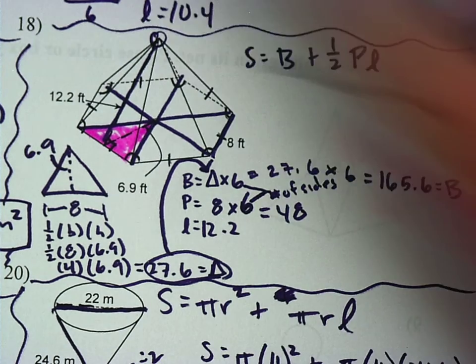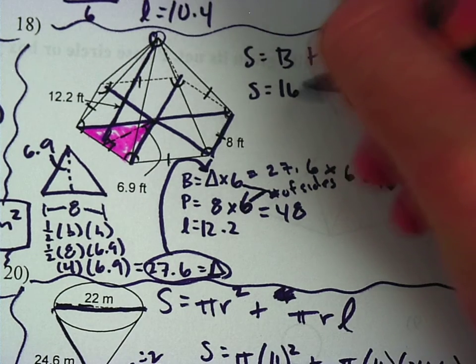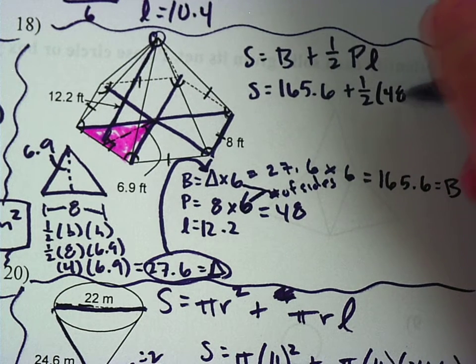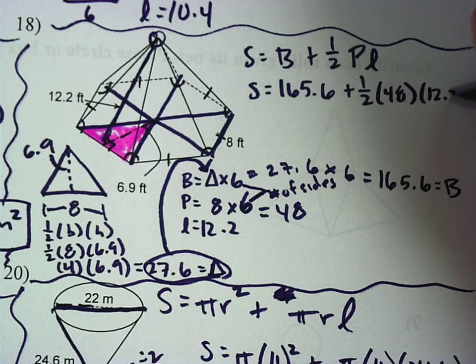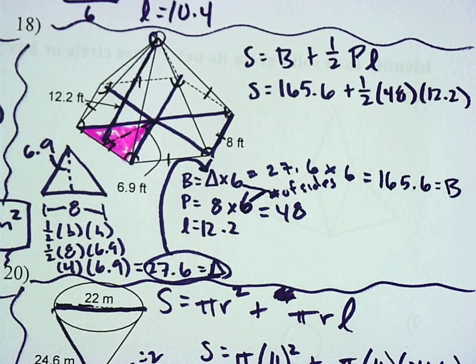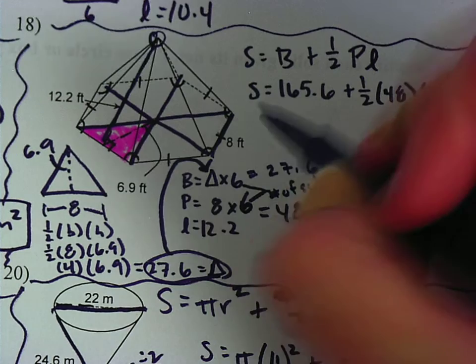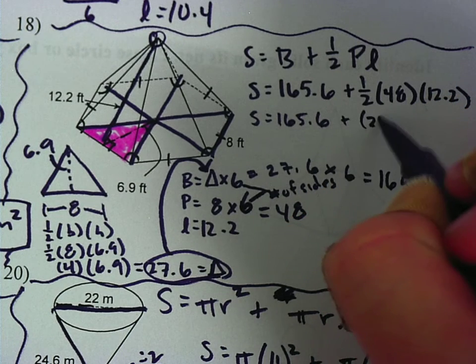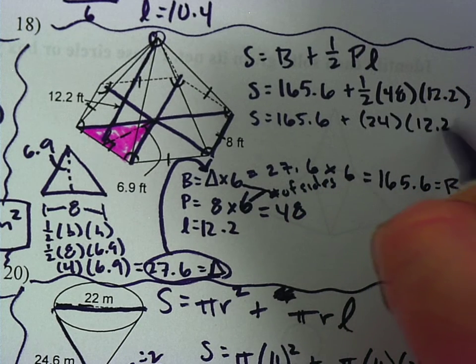So now we're just going to plug this back in. 165.6 plus 1/2 times perimeter times slant height. S equals 165.6 plus 24 times 12.2.